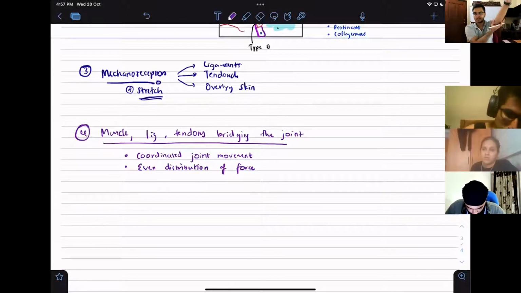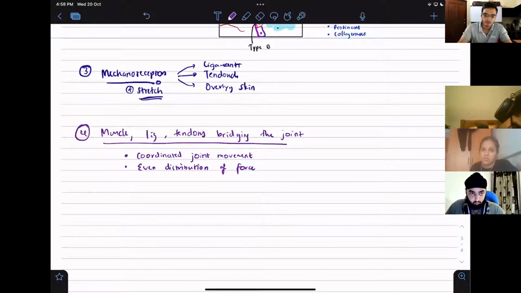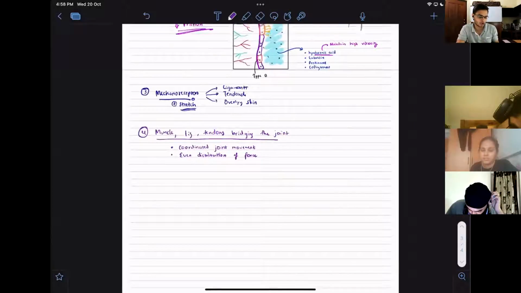That entire joint, nicely, the forces will be spread. So there is no specific damage to one part. Clear?